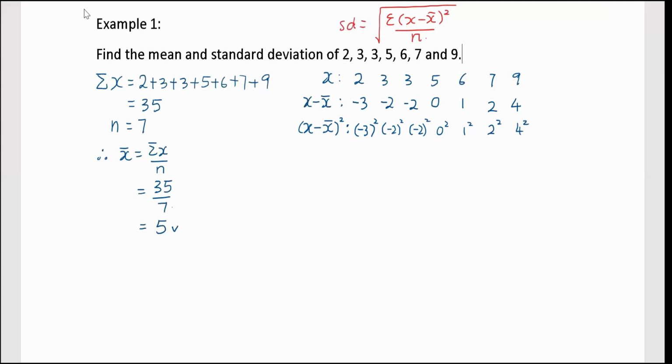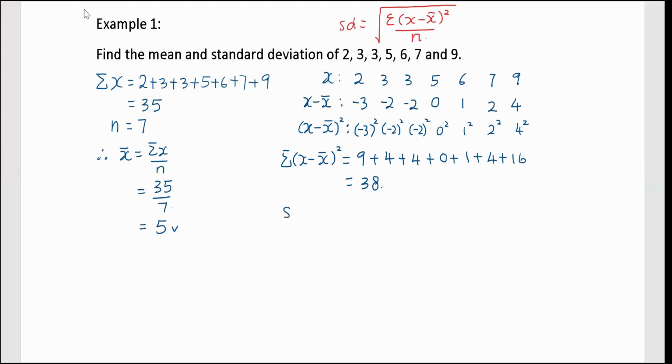Then we are able to find the sigma of x minus x bar squared. Sigma means we are looking for the sum. So negative 3 squared is 9, and negative 2 squared is 4, and so on. Hence we get the value of 38.